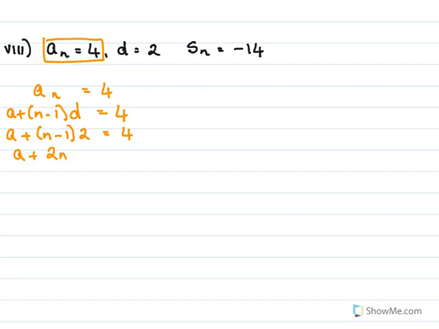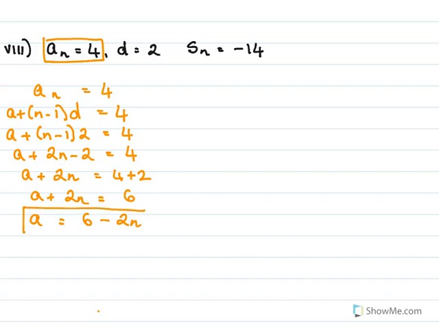So a plus 2n minus 2 equal to 4. So here we have a plus 2n equal to 4 plus 2, a plus 2n equal to 6. And now a equal to 6 minus 2n. We will use this value later. We need this value, equation 1.